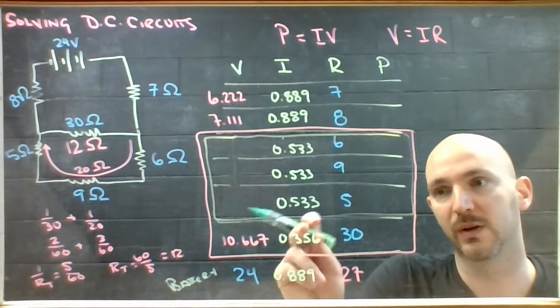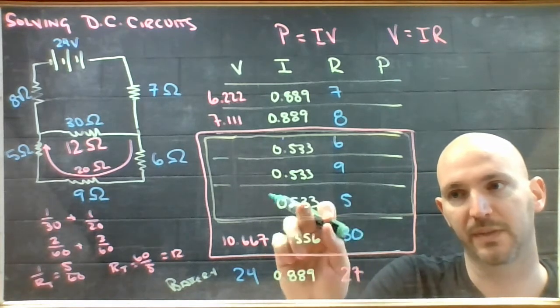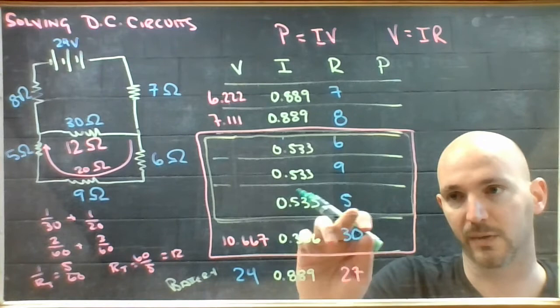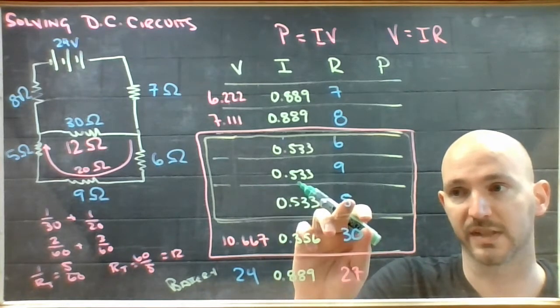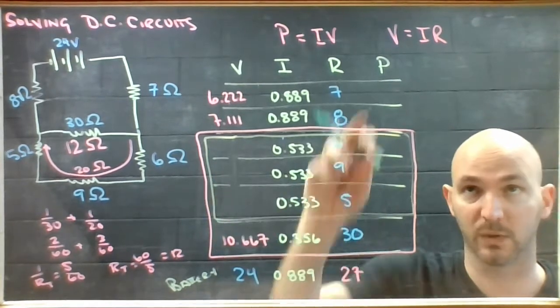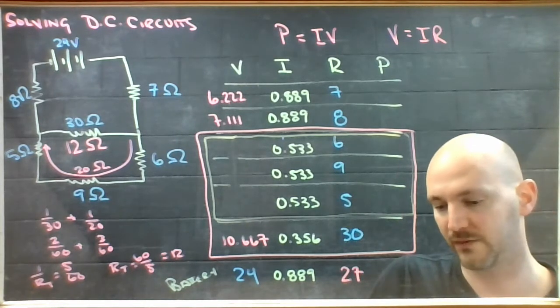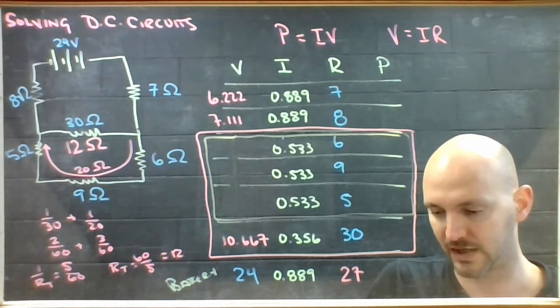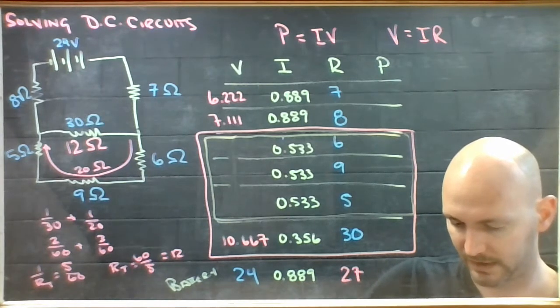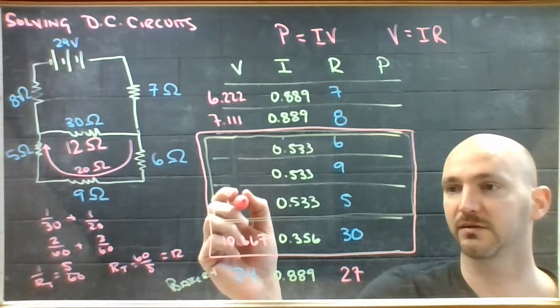All right, so I have 0.533 in all of these categories, and I have a current and a resistance, so I just need to calculate the voltage with Ohm's law. So give that a try. 0.533 times 5 is 2.665.